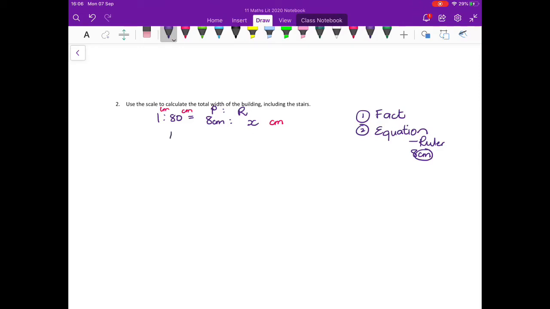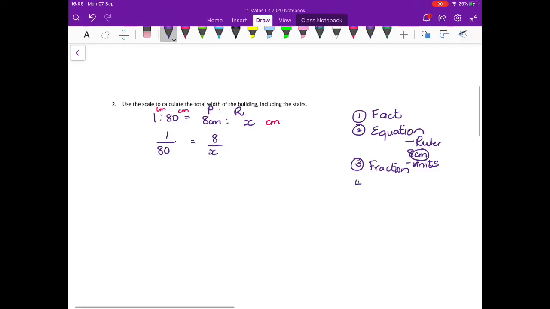Now we're going to write it in fraction form. This is going to be 1 over 80. I now ignore my units. 8 over x.